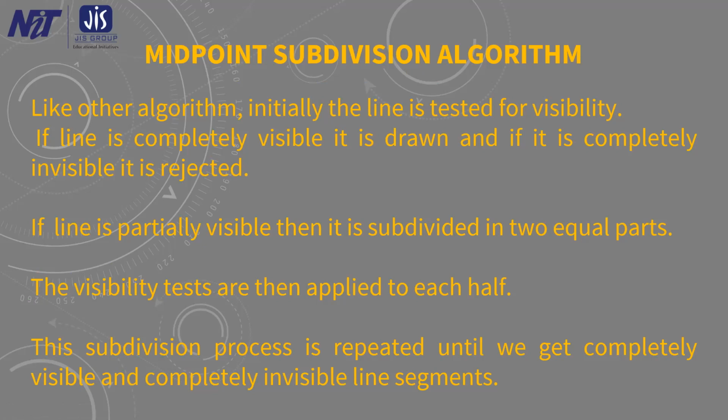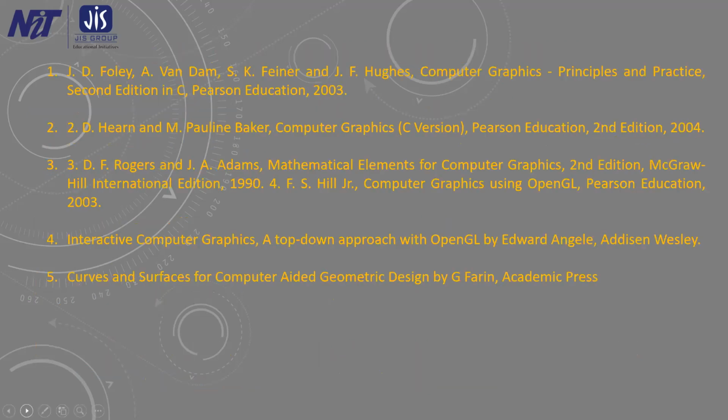If the line is partially visible, then it is subdivided into two equal parts. The visibility tests are then applied to each half. The subdivision process is repeated until we get completely visible and completely invisible line segments.